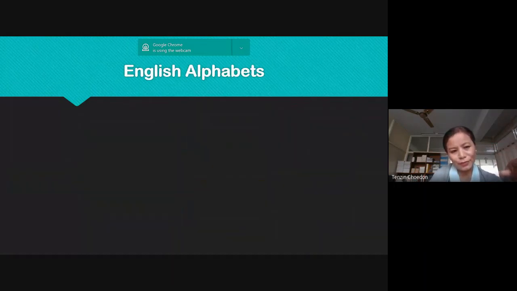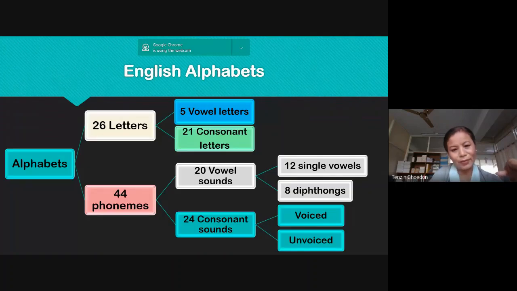So this one, alphabet. What we did in the previous slide is we stressed on phoneme, which was broken into consonant and vowel, and these were all related to the sounds, the spoken part only. Here in this slide, we are discussing not just the spoken part, but the written part as well.